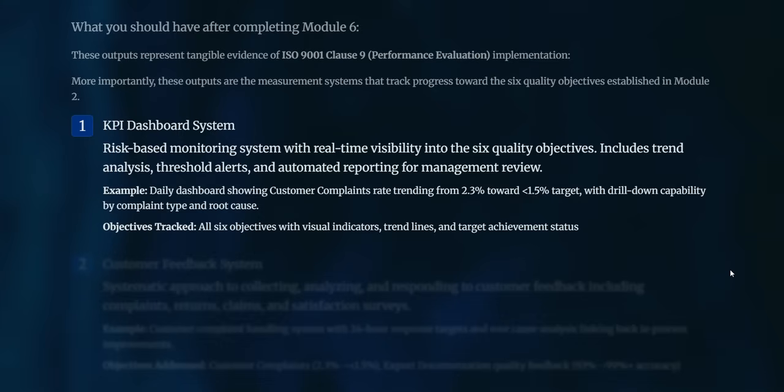Examples of a KPI dashboard system in our case include a daily dashboard showing customer complaints rate trending from 2.3% down toward under 1.5% target, with drill-down capability by complaint type and root cause types. The objectives we track with our KPI dashboard include all 6 objectives, with visual indicators, trend lines, and target achievement status.